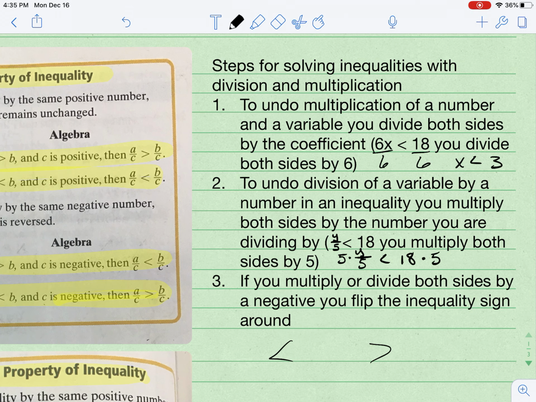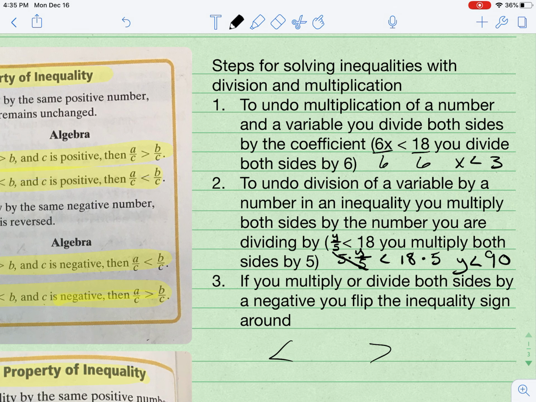Once again, when you multiply this, your 5s are going to cancel out, leaving you with just y. Now we've isolated the variable, and y is less than 90, or 18 times 5.